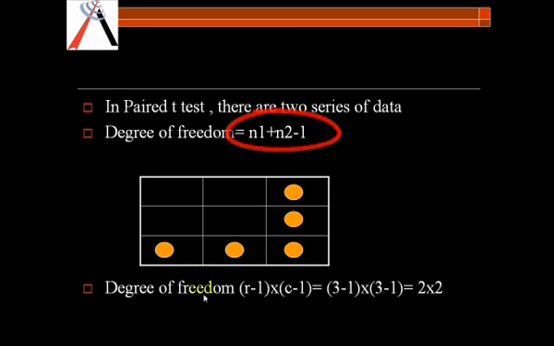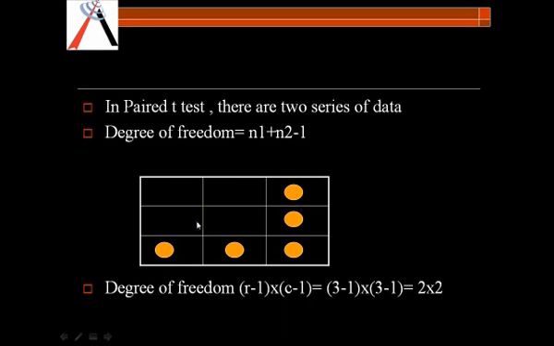But the degree of freedom gets limited if we have a data in the form of rows and columns, as we see in here. When we consider a row, in a row, our degree of freedom is restricted to one column less. So it will be like our degree of freedom will be number of rows minus 1.